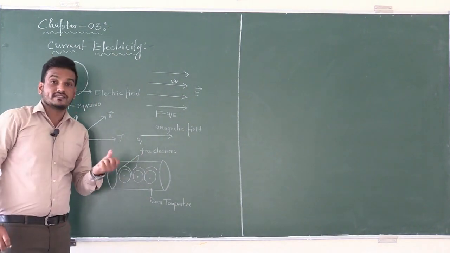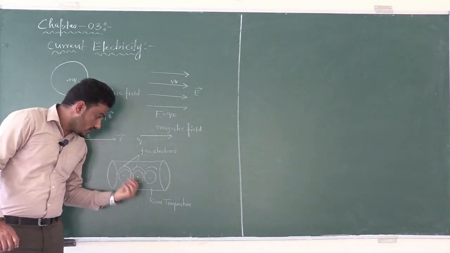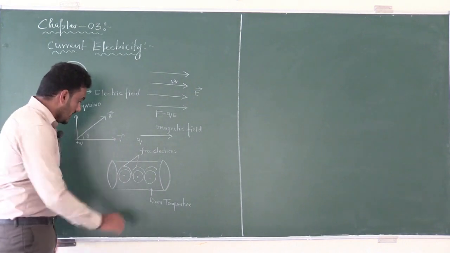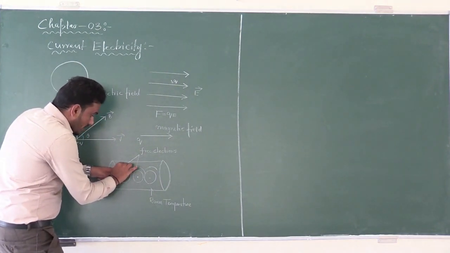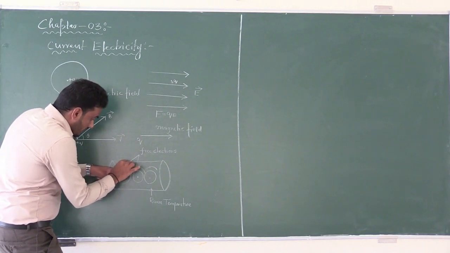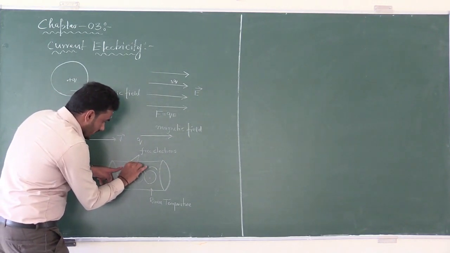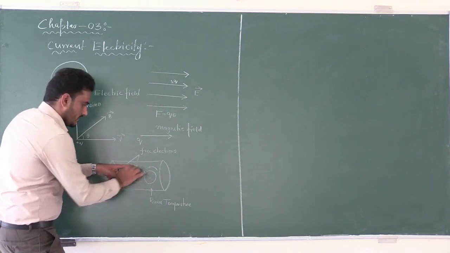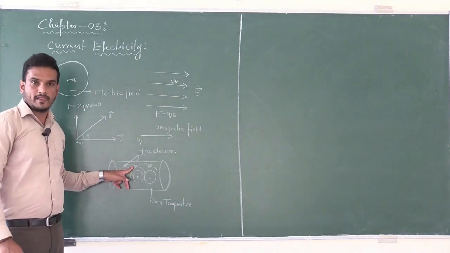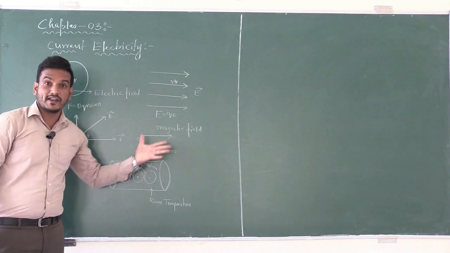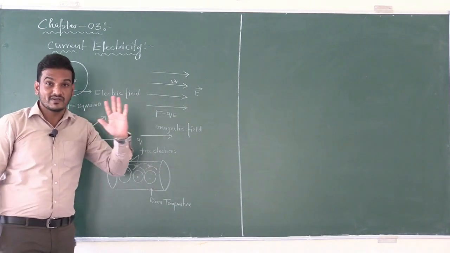When they acquire some energy because of room temperature, the outermost electron starts jumping from the outermost orbit of one atom to another atom, like this. They are moving in random motion, not in a particular direction.